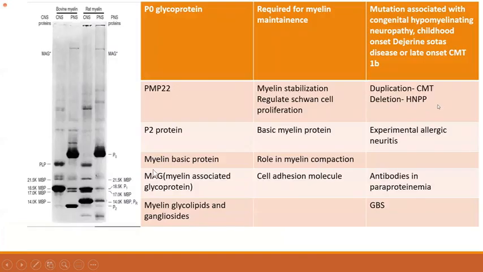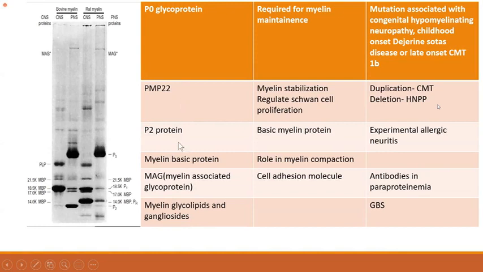If we do a PAGE electrophoresis of myelin, we will find three main bands, which are P0, P1, and P2. The P0 glycoprotein is associated with congenital hypomyelinating neuropathy or CMT1B. The P1 protein, also called myelin basic protein, has a role in myelin compaction. The P2 protein is a basic myelin protein, and in experimental allergic neuritis, antibodies are produced against P2 protein.